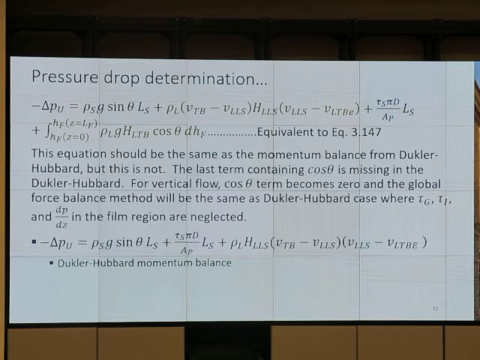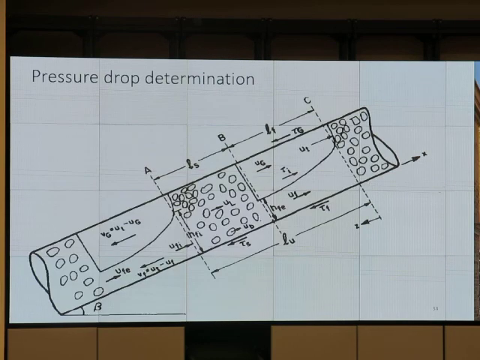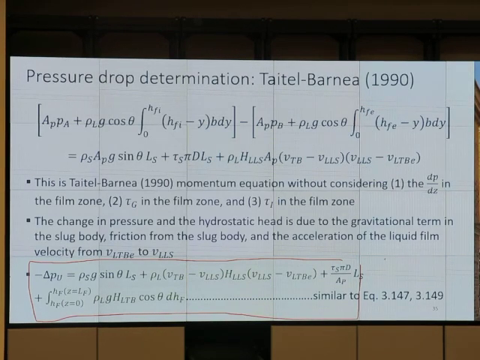We start from the case where we neglect friction in the film zone. So I get this equation, but not the one in the book. Now let's start from here and try to get what is in the book.